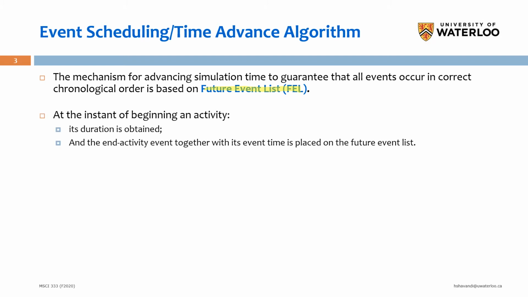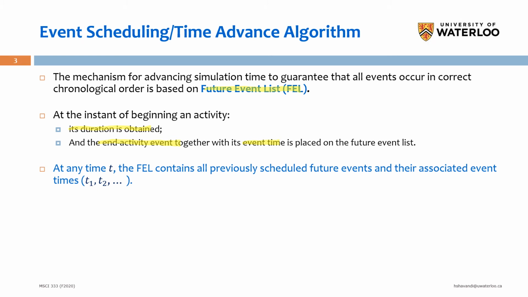At the instant of beginning an activity, for example inter-arrival time or service time, its duration is obtained based on the distribution, or the data that we have for that purpose. The end of the activity will be an event, and that will be included in the future event list with its occurrence time.